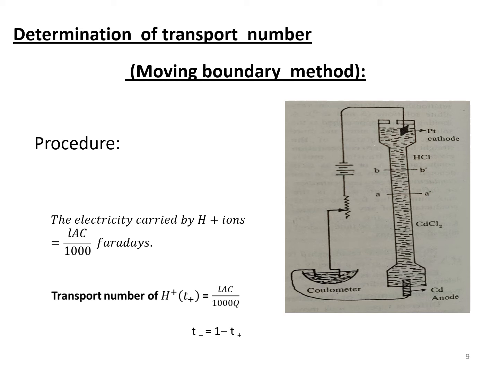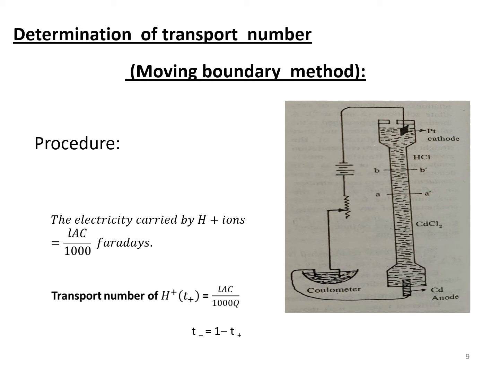Now Q is the total amount of electricity passing through the electrolyte. This can be obtained from the mass of the metal deposited in the coulometer made of silver or copper. It is calculated as current in amperes multiplied by time in seconds, divided by 96,500, in terms of Faraday's unit.